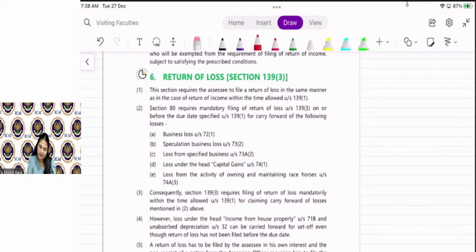Yes, if they have TDS, then for refund claim, say for example, my income is 2,10,000 only, but there is TDS deducted of rupees 15,000. So I have to claim refund from the government of that 15,000 because 15,000 is already deposited on my behalf to the government.